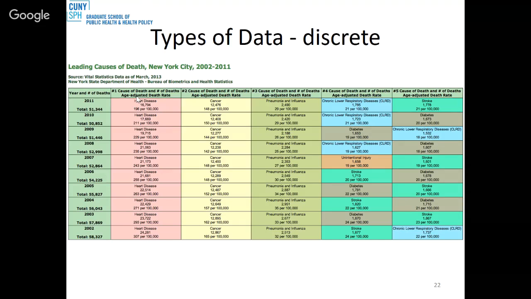So in this case, yes, the number of deaths by these major diseases is discrete, but those numbers are so large that it behaves almost like a quantitative variable. And if we were to look at the rates, so the number of deaths per 100,000, it would still be discrete, but it's no longer an integer value. It could take decimal values at that point.